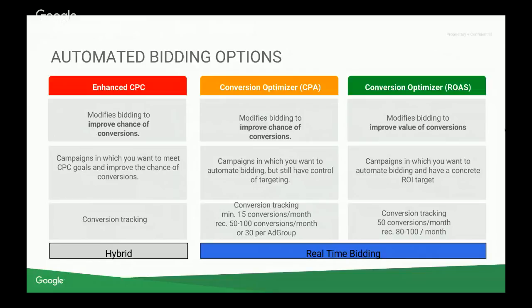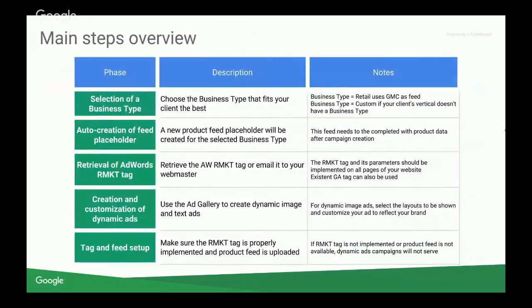And together with the ROIs, these are the real-time bidding tools. Also for the ROIs, as we mentioned before, it's recommended to have some 80 to 100 conversions a month, so that the system can really optimize consistently for the leads, for the conversions.